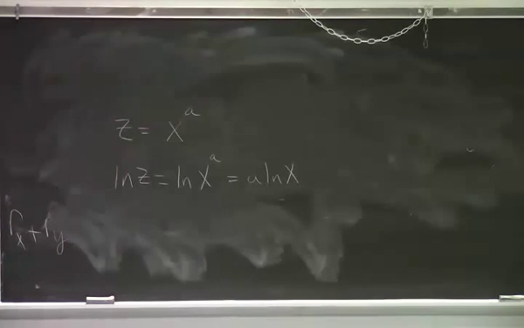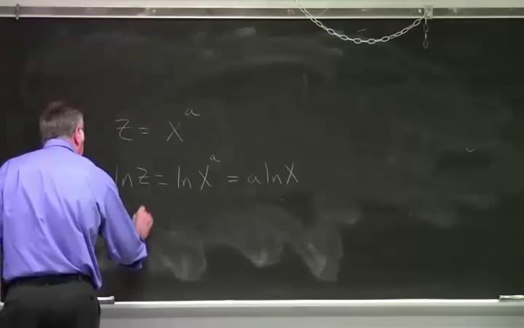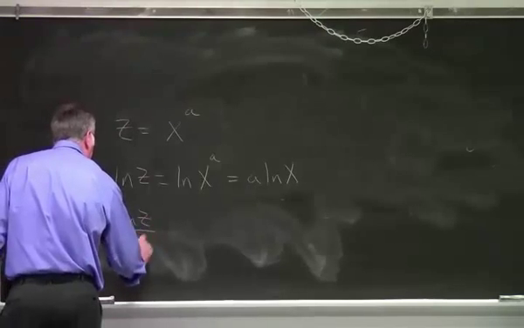Now, Bernard, what do we do to get the growth rate in z? The derivative of natural log of z with respect to time. Right, exactly right. Just take the derivative of log z with respect to time.